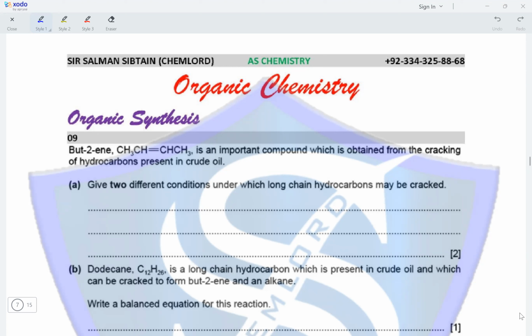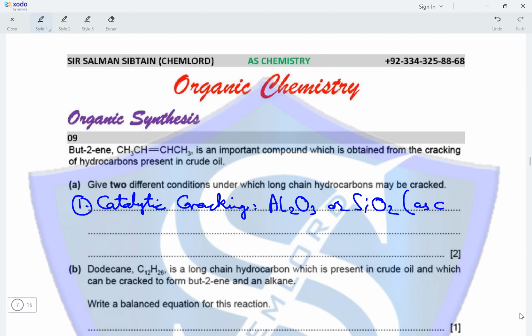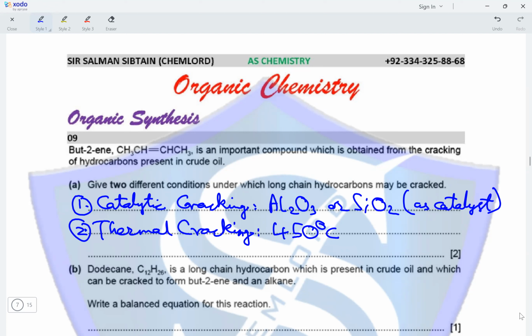So, cracking has two conditions. It is catalytic cracking, which requires Al2O3 or SiO2 as catalyst, and there is thermal cracking, which requires a temperature of 450 degrees Celsius or above.